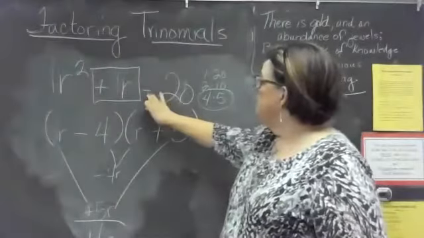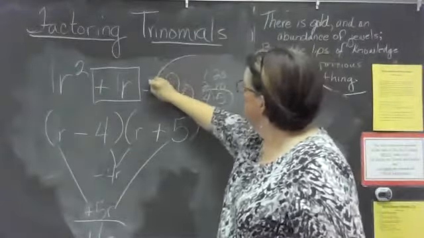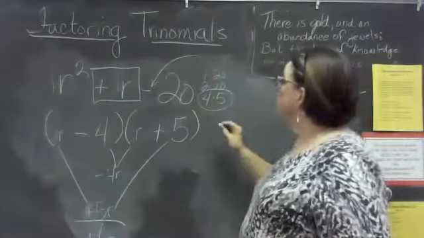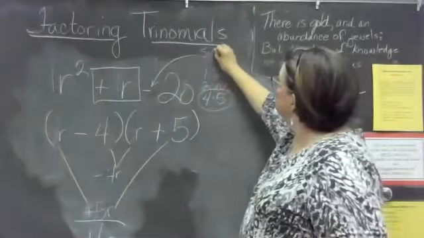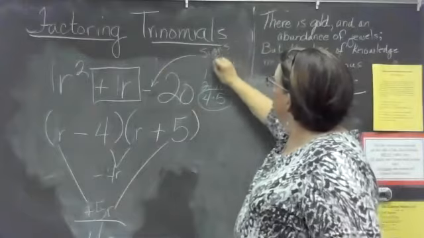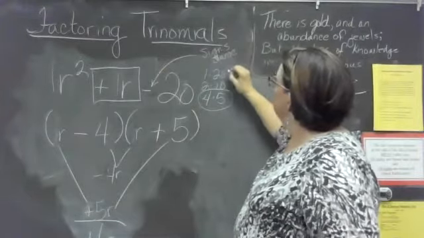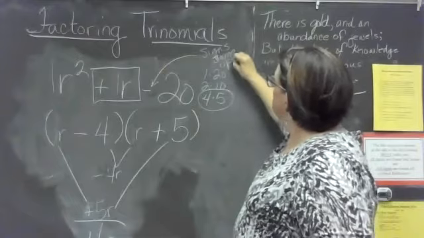The back sign, that's a code that will tell you whether the signs are going to be the same, like 2 positives or 2 negatives, or opposite.